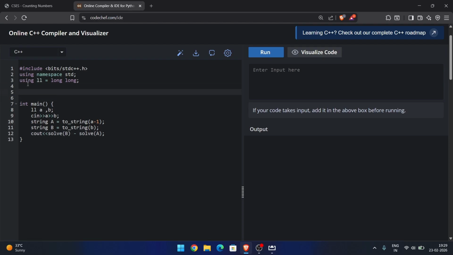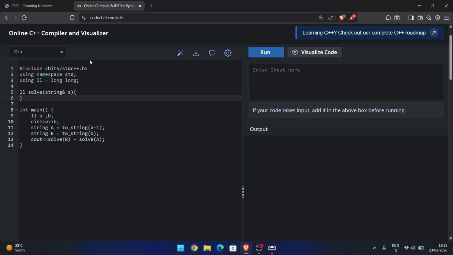Okay, now let's write another function, solve, which would take a string as input. So what we need here, we need a DP.